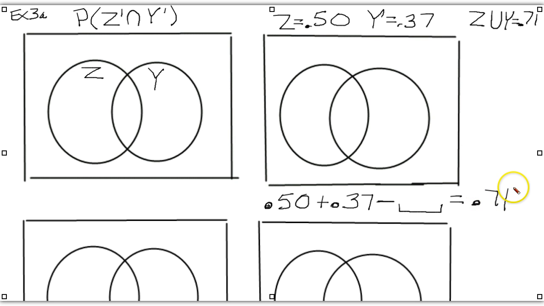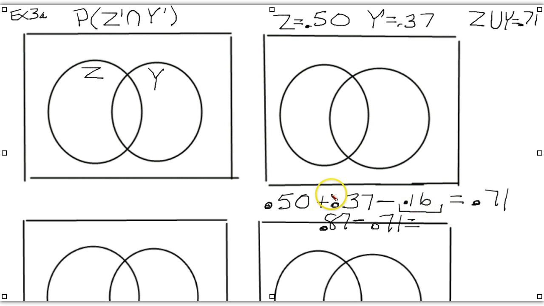So if we do that and add these together, this is going to be 0.87 minus now the 0.71. We get here 0.16.